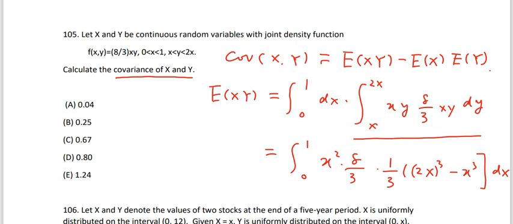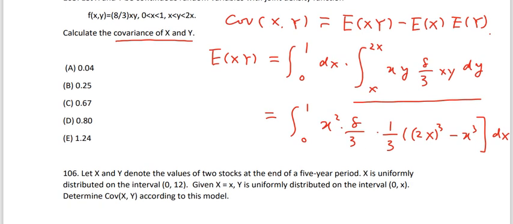Okay, so finally this integration: 2x squared minus x squared is 3x squared, so we take this constant outside.